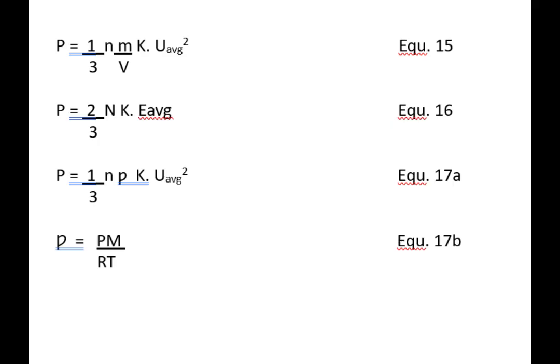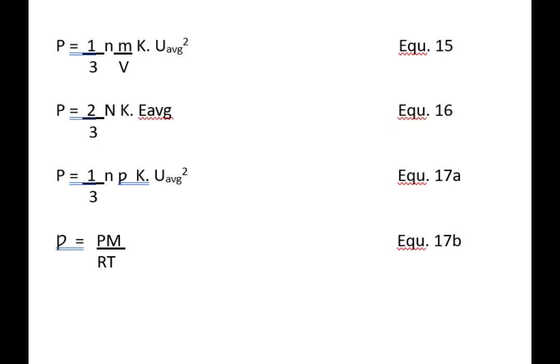Similarly, the relationship between the gas pressure and density could be obtained from the ideal gas equation, PV equals nRT. Making n equals m/M, gives PV equals m/M multiplied by RT, then P equals m/V multiplied by 1/M multiplied by RT.